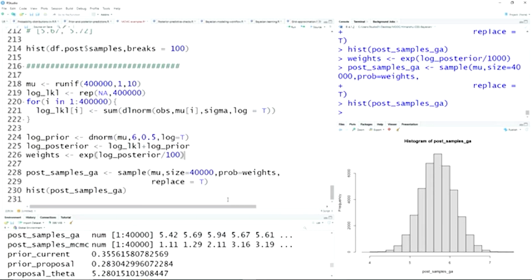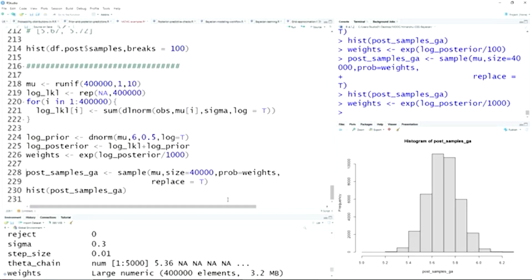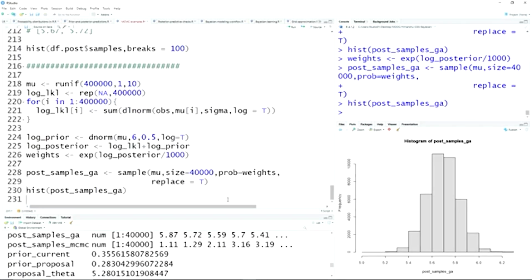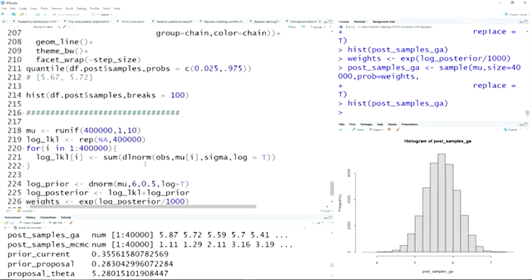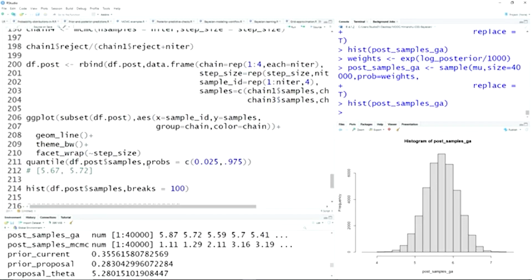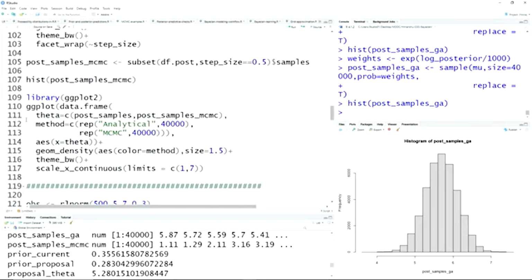It's just that the proportion by which you are dividing, that is changing slightly, because we are getting the range between 5.4 and 6.0 or so. Okay, so it seems to be working fine. Now you can try to compare. I think it would look very different from the posterior that you collected using MCMC.